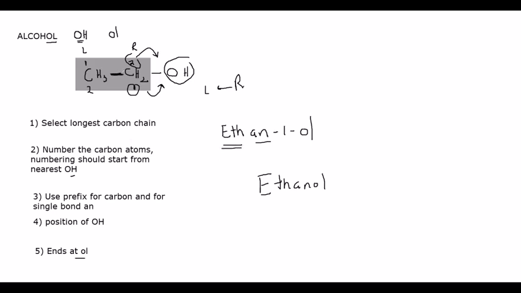Between the two carbon atoms there is a single bond, so we say AN. Then the position of OH: OH is with the first carbon, so we say 1. And because there is OH, we say OL. So this is ethanol. Ethane 1-ol, or I can also say ethanol, having the same meaning. When the group is present at the first position, it is not necessary to mention the position.